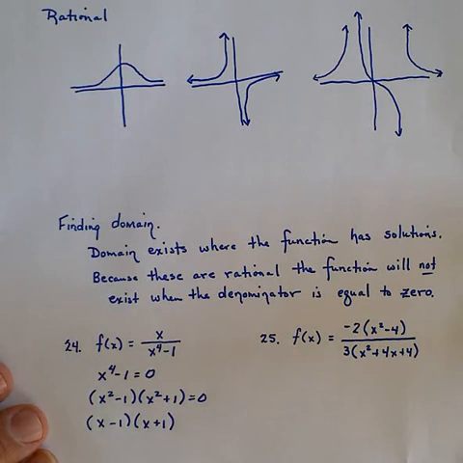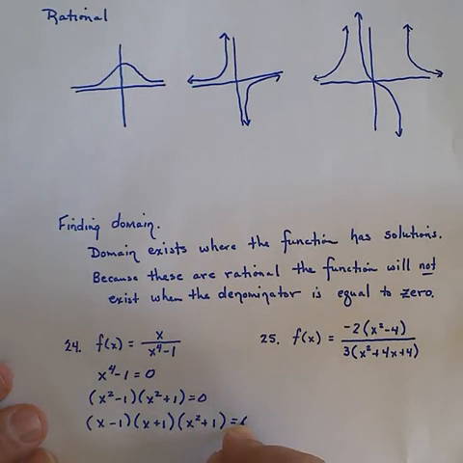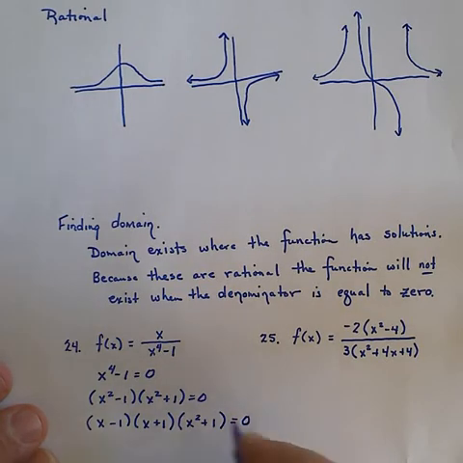The second binomial, x squared plus 1, does not factor. If you use the square root method and solve, you're only going to get imaginary answers, so I can exclude that part as far as my exceptions to the domain.